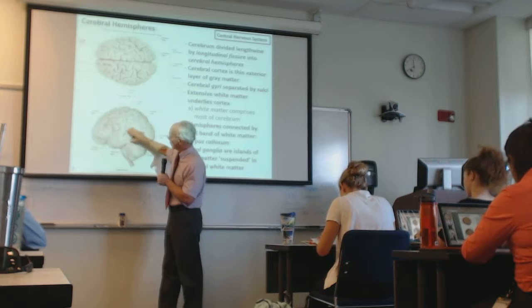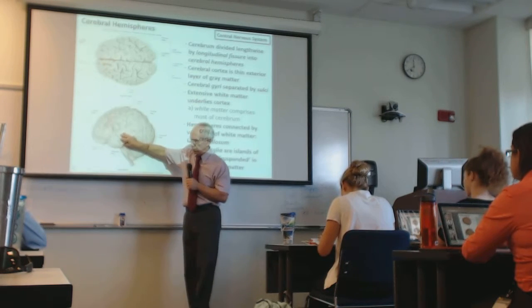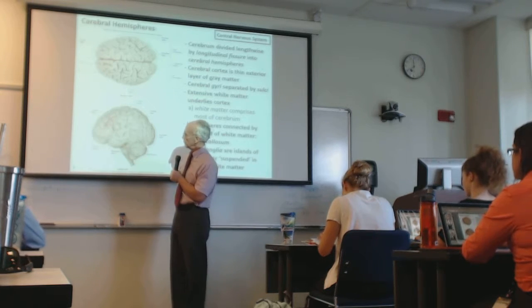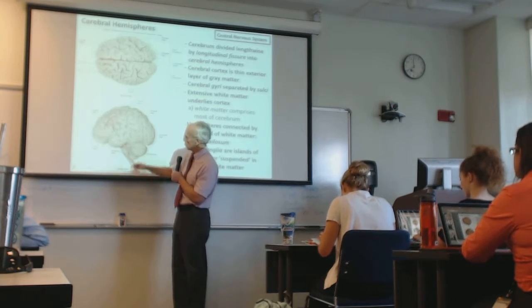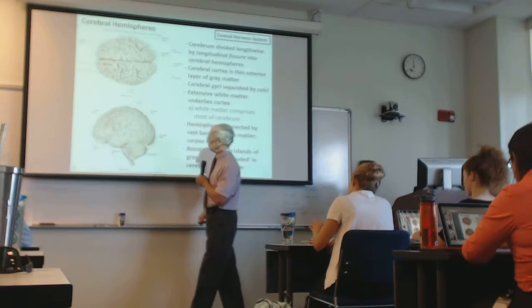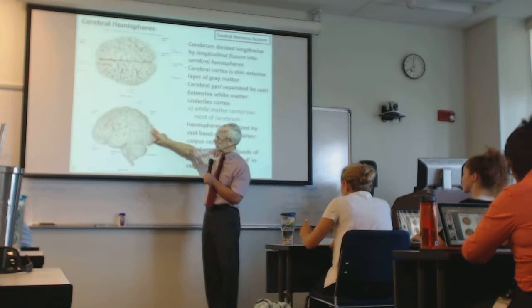This large lobe here is called the temporal lobe, important primarily for, in addition to certain types of mentation, processing of auditory information, lingual function, and so on, especially on the left side. And then finally back here is the occipital lobe, chiefly associated with the processing of visual information.